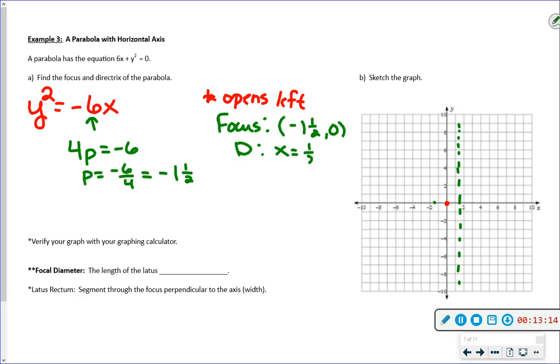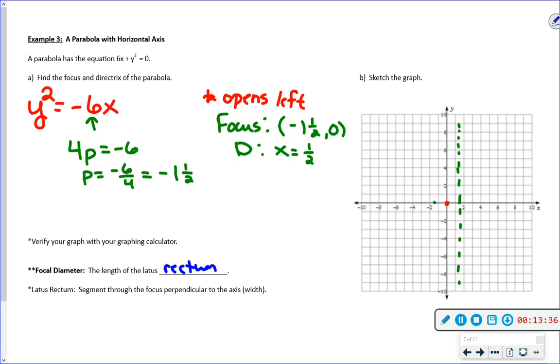Now again, to draw it, I could make a T-chart, plug points in. I'm going to show you how to do it in a calculator, but the table is not that great, okay? So I like to use the length of the latus rectum. And remember, that tells you your width, the segment through the focus.